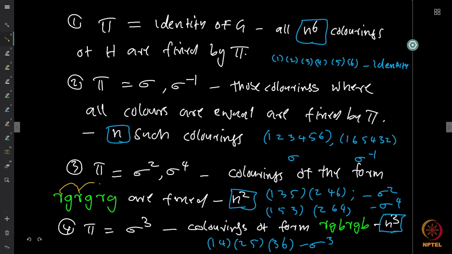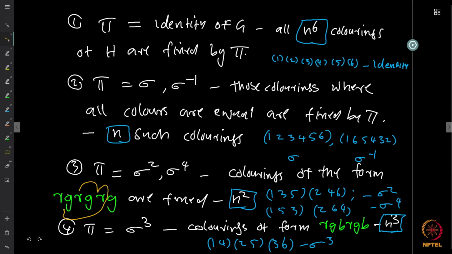1 going to 3, 3 going to 5, and 5 going to 1, right? Similarly, 2 going to 4, 4 going to 6, and 6 going to 2. Right? So, because sigma square is of this form, if the colorings of these alternate elements are the same, then such colorings are fixed by sigma square, because if I move twice, I just need to get the same color, right?